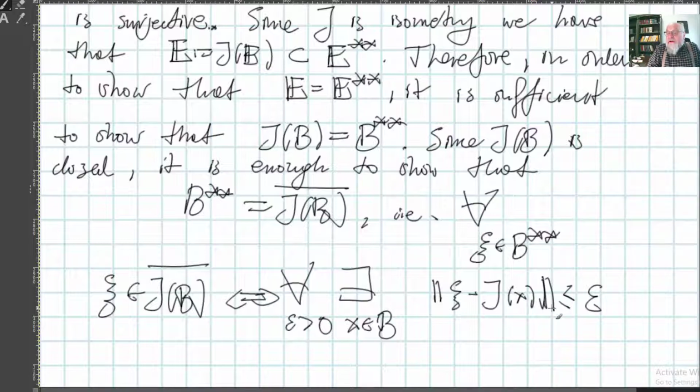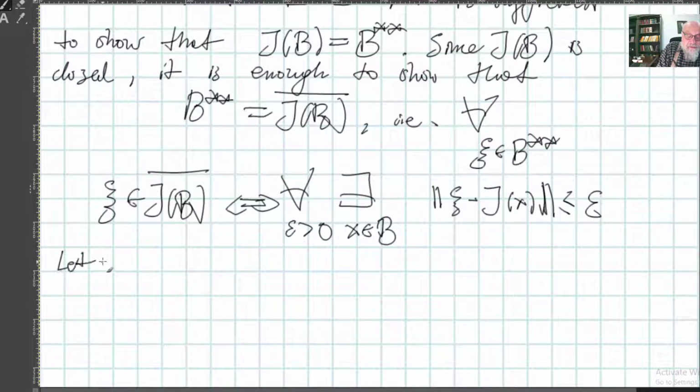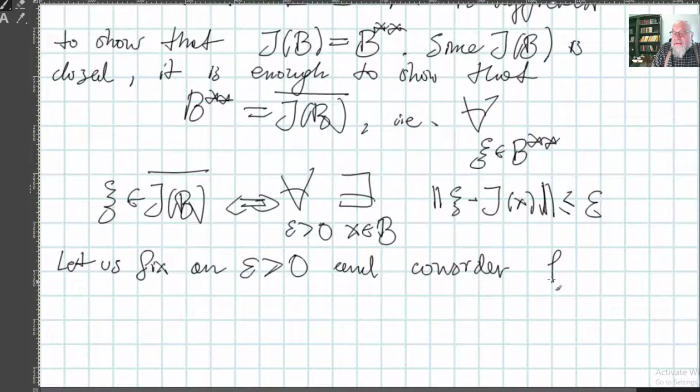So let us fix an epsilon larger than 0. Start like this: fix an element psi belonging to B double star.